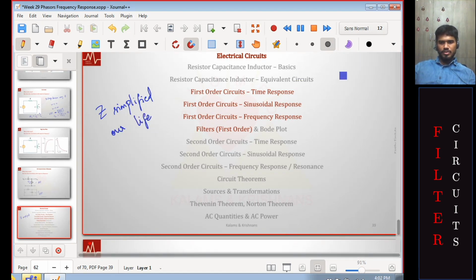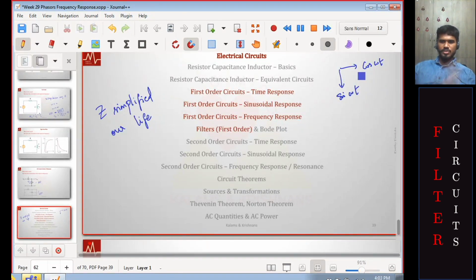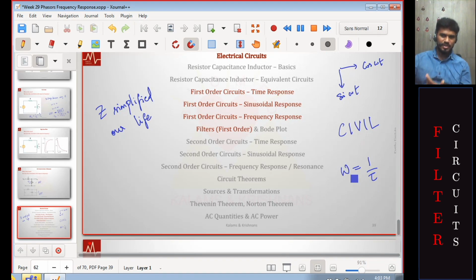There are two mnemonics: cos omega t, sin omega t. With this, you can get all the trigonometric identities. Then omega is 1 over tau. So for first order circuits, that is where the cutoff frequency is, and high pass or low pass you could also quickly say.